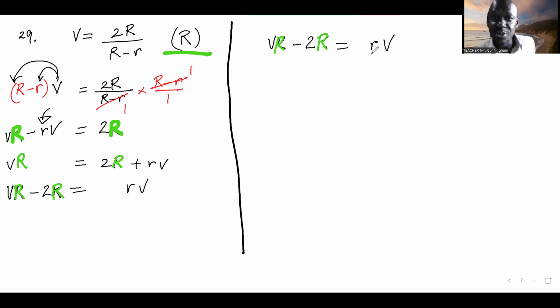So the question is, we want to factorize this. So what is common on that side? Somebody? Anybody? Open your mic. Where's Jada? What is common? R, sir. Thank you, R, people. R is common. You have a R here and you have a R here. R is a common factor.